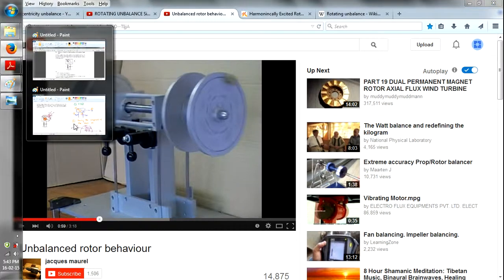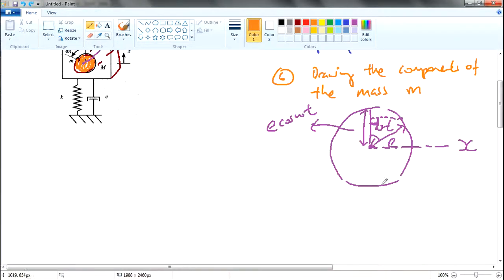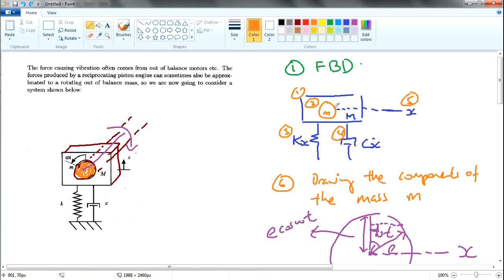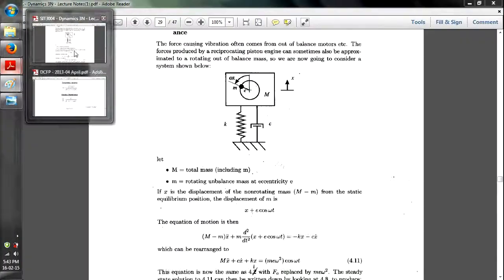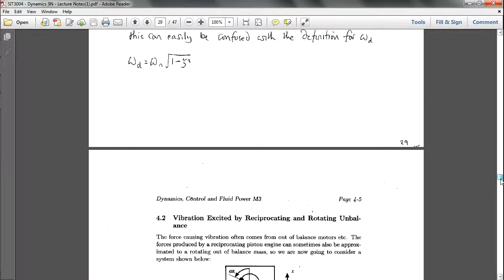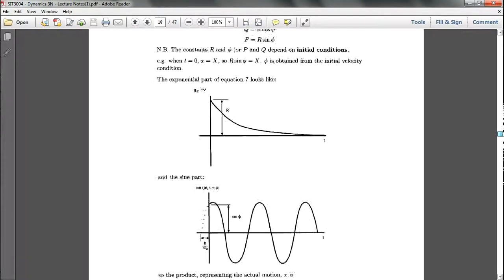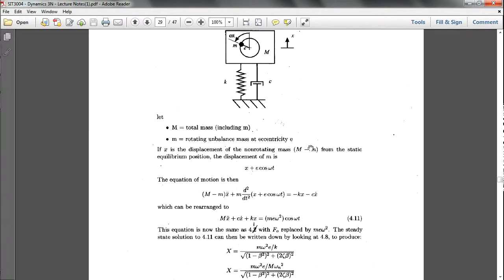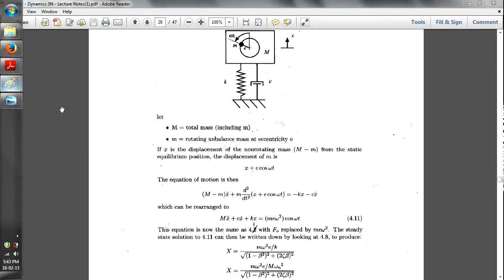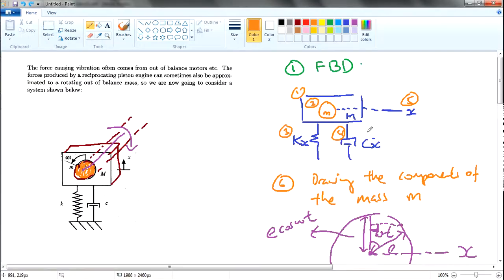So we want to ensure that it vibrates in only one direction. So far we talk about one direction, one axis. Nonetheless, we're also talking about this system.